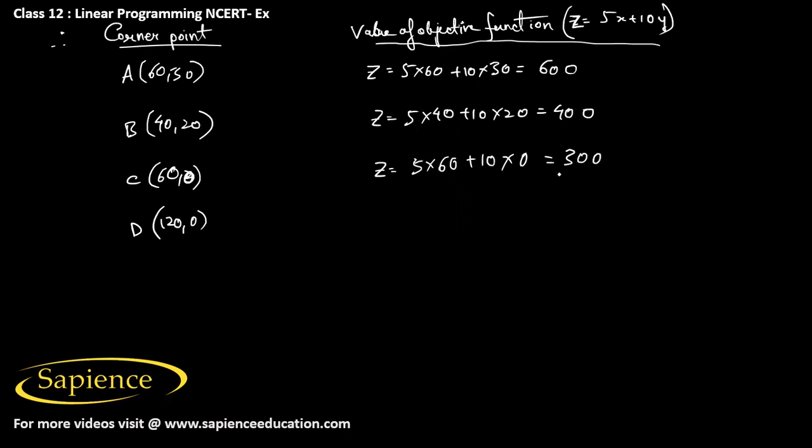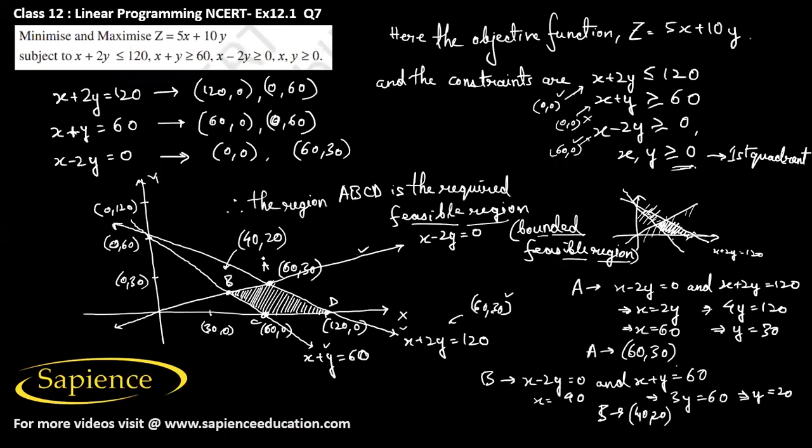So it is 300. And here z is equal to 5 into 120 plus 10 into 0. So it is 600. So at both these corner points A and D, the value of the objective function z is coming the same. Therefore, at all the points joining the line segment AD, the value of z will be the same. It is the rule.